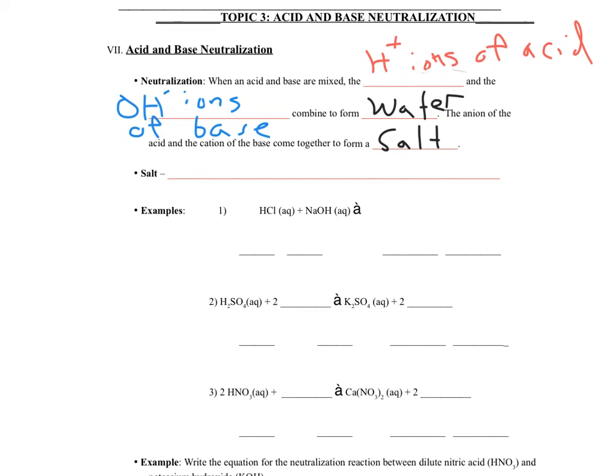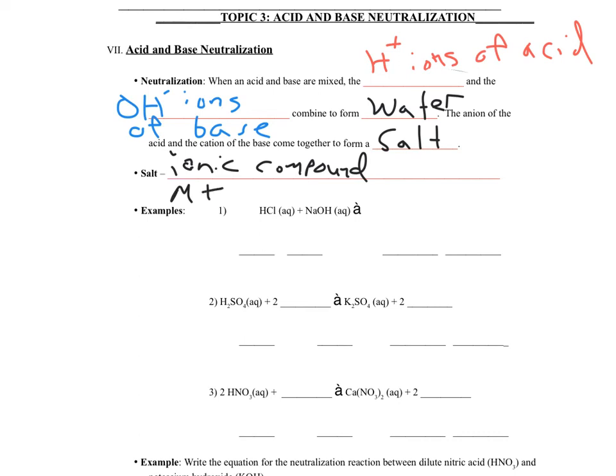At this point, we should be familiar with what salt is, but just in case we're not, I'm just going to highlight the important parts of it here. Salt is just an ionic compound. And again, if you don't remember what ionic means, you definitely have to know that.